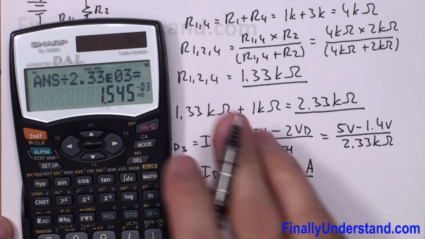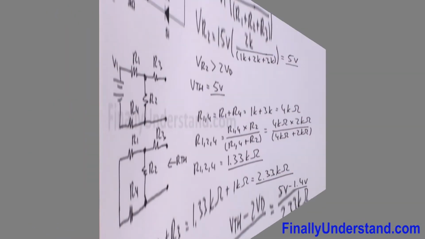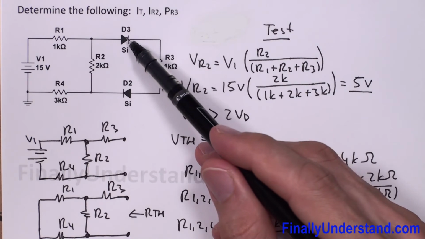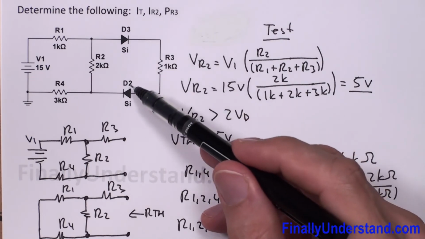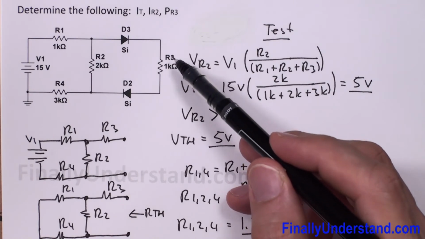This is the current which will go through the diodes. Please notice that we found the current which will go through the diodes D3 and D2. The same current will go through resistor R3.